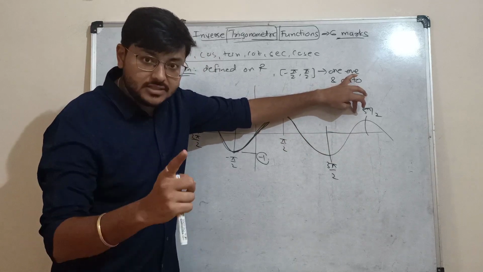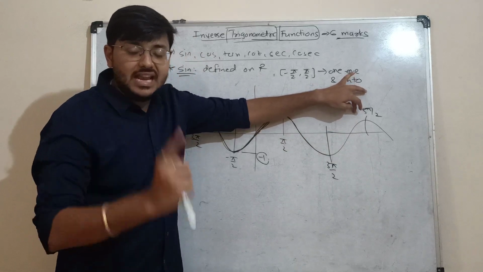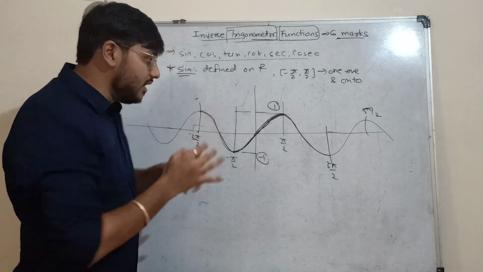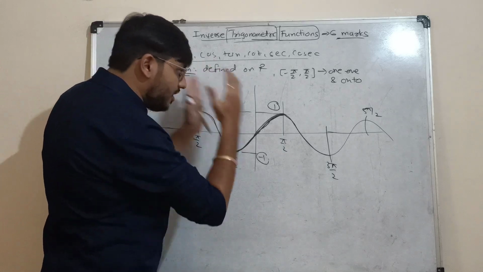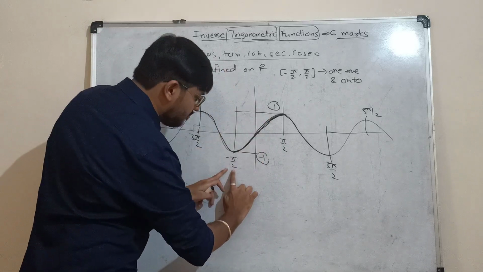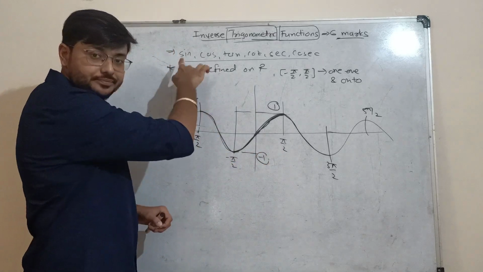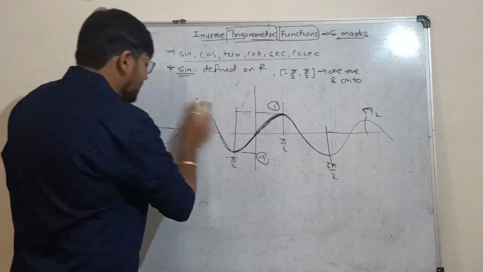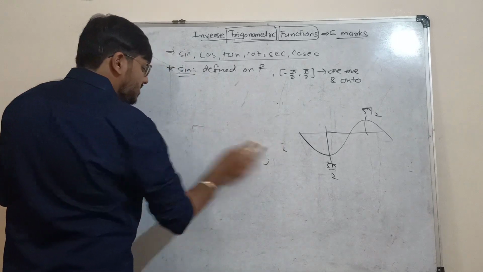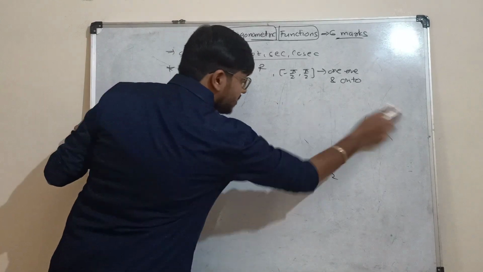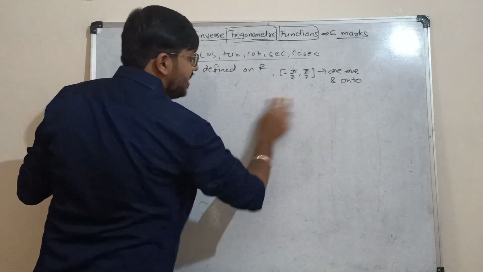Yes. But according to the syllabus, the basic interval we always focus on for this chapter is minus pi by 2 to pi by 2, for only the sine function. Similarly, for all six functions they have decided some standard intervals.